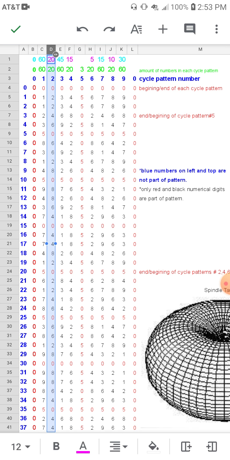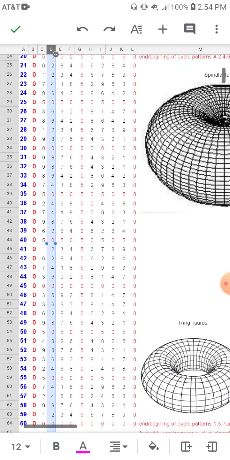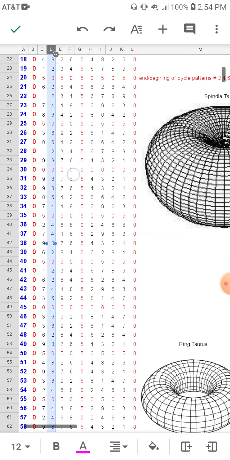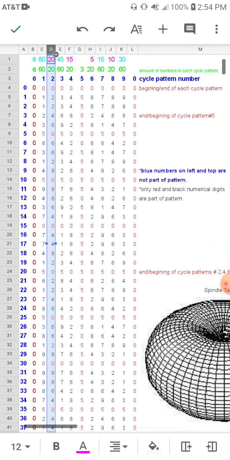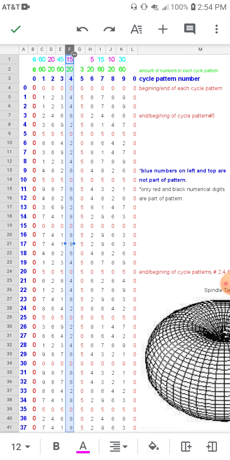even numbers, except since they only cycle back, they only go down 20 times before they cycle back. So I just went ahead and filled it in to match the length of the number 1 pattern. But the number 4, as you can see, goes down 15 times, and then so it's a 4044.